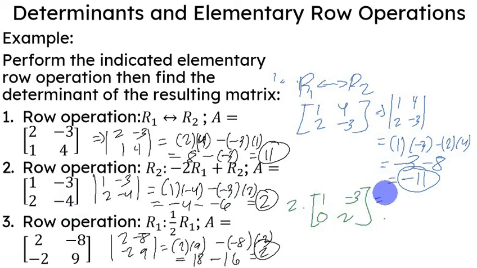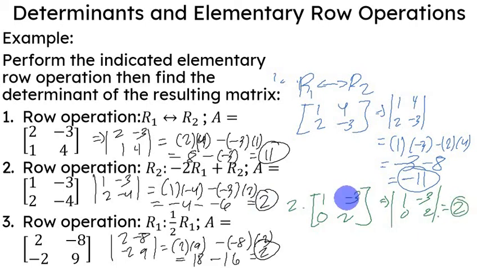So finding this determinant, as we can see, this is actually already an upper triangular matrix, so all I need to do is multiply the diagonal entries. The determinant of this will simply be 1 times 2, which is 2.